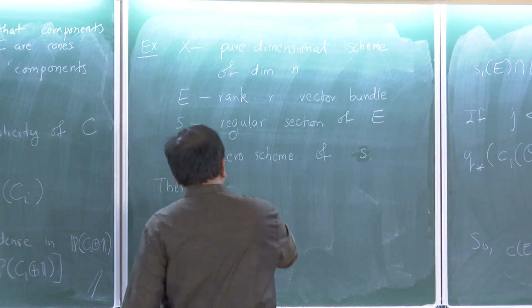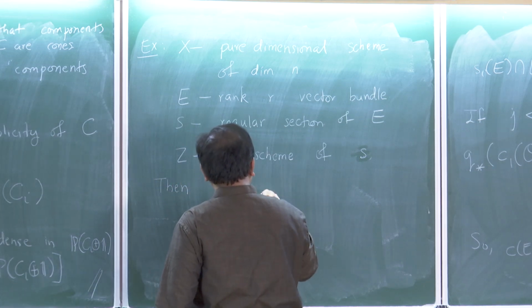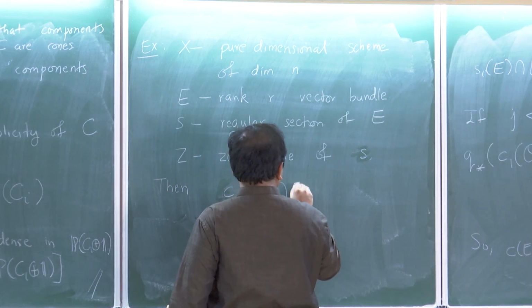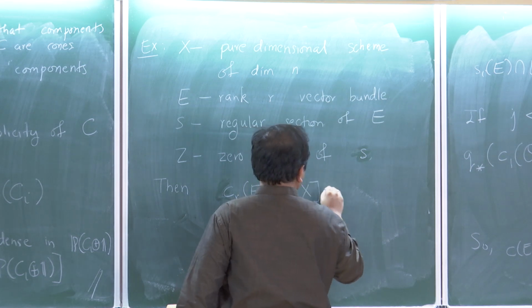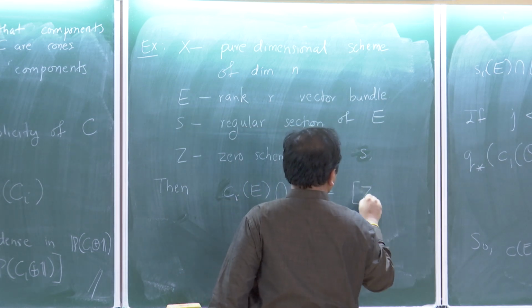So the claim is that c_r(E) evaluated at the fundamental class of X is equal to [Z].